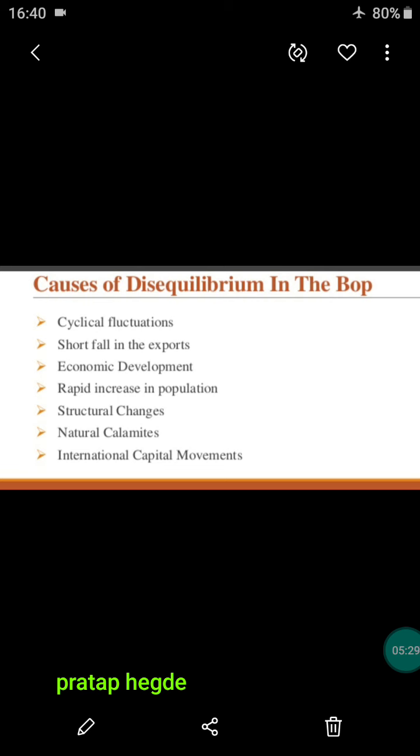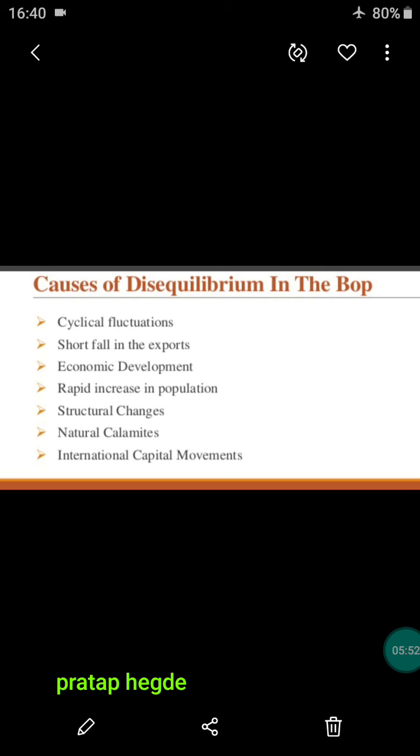In some seasons the production may be greater, and in some seasons the production will not take place due to many other reasons. So in this type of cyclical fluctuation, the balance of payment of that country tends to differ. The next cause is shortfall in the exports.